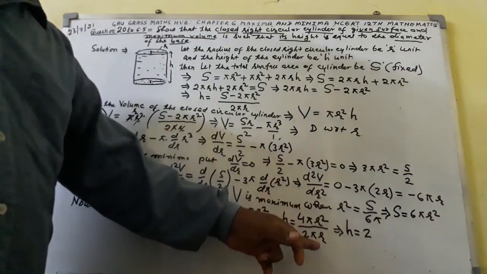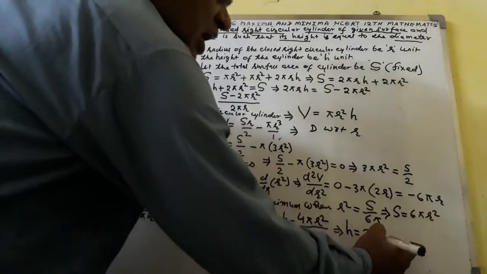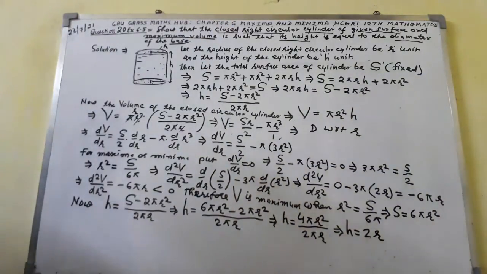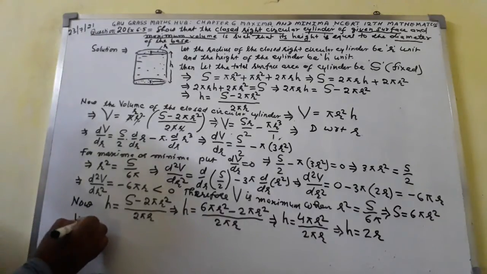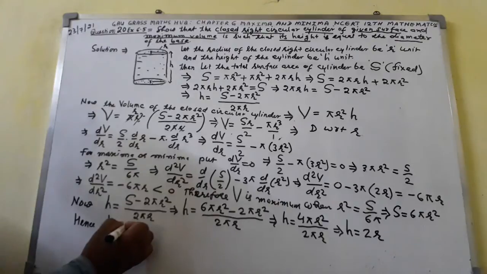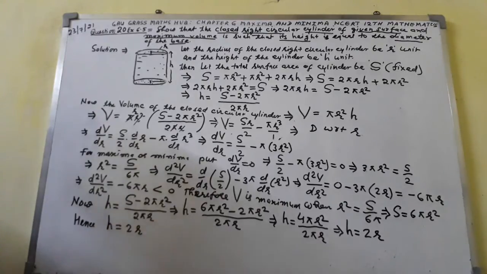R square over r comes out to be only r. So hence h is equal to 2r. Here you have got h is equal to 2r.